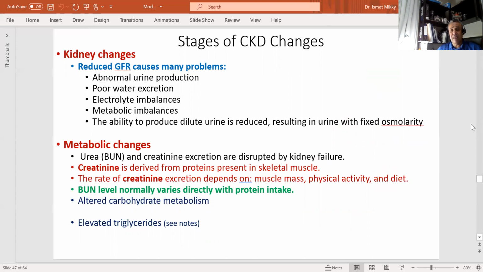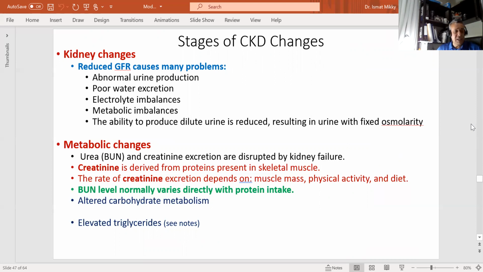They will develop metabolic acidosis. Cardiac changes include hypertension, hyperlipidemia, heart failure, and uremic pericarditis. Too many complications or manifestations result from chronic kidney disease.